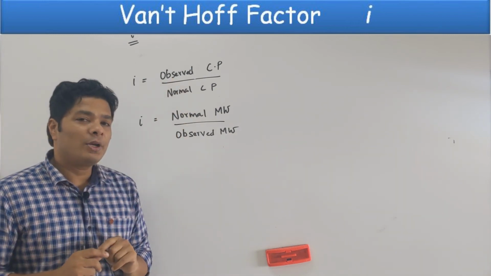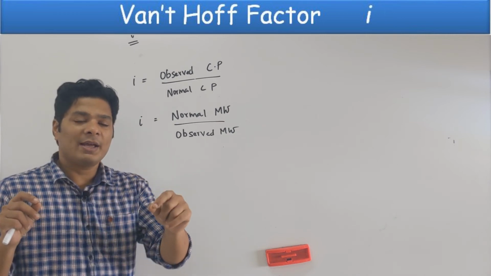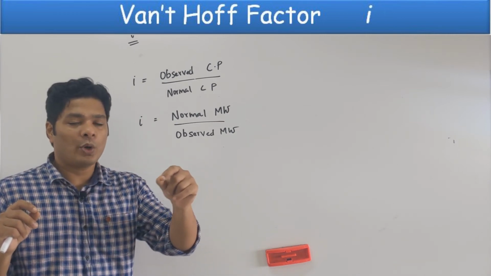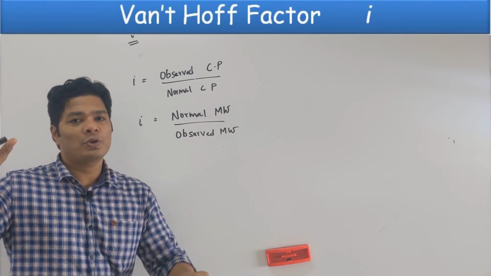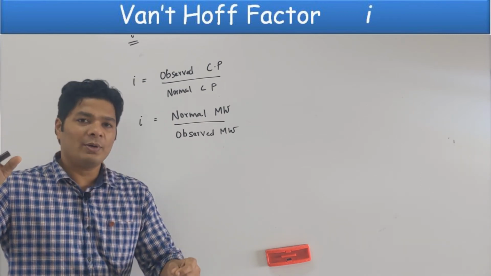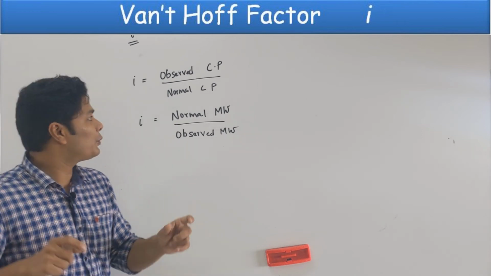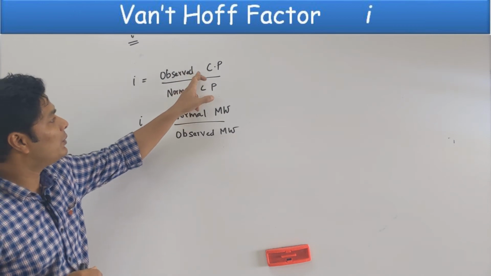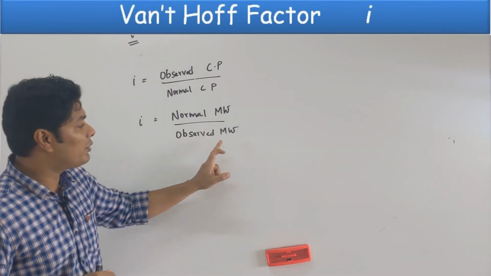Now for all of your colligative properties, for example, delta T equals Kf times M times I. The M, if you expand, you always have your molecular mass on the bottom. So the colligative property is inversely proportional to molecular mass in all the formulas, even osmotic pressure. I is directly proportional to the observed colligative property, meaning I is inversely proportional to the observed molecular mass.